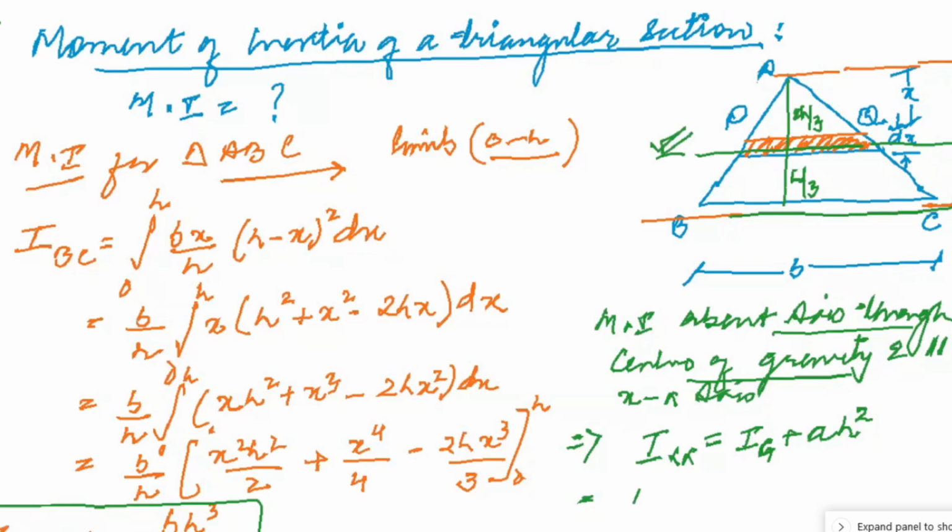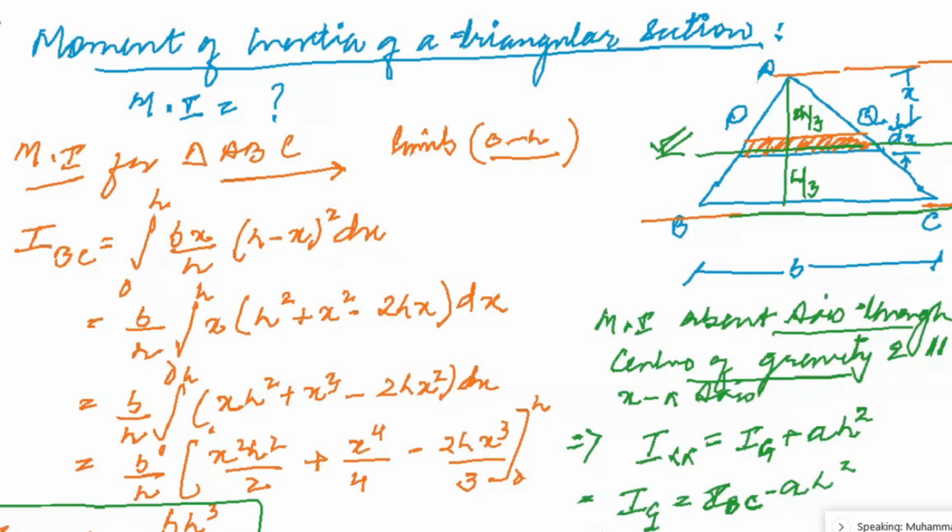IBC, because it is parallel to the x-axis. It is the same axis in which we need to calculate the moment of inertia. So moment of inertia about the axis through G simply means that we are checking the moment of inertia about the centroidal axis of the triangular section A, B, and C. Right? That is equal to IBC.